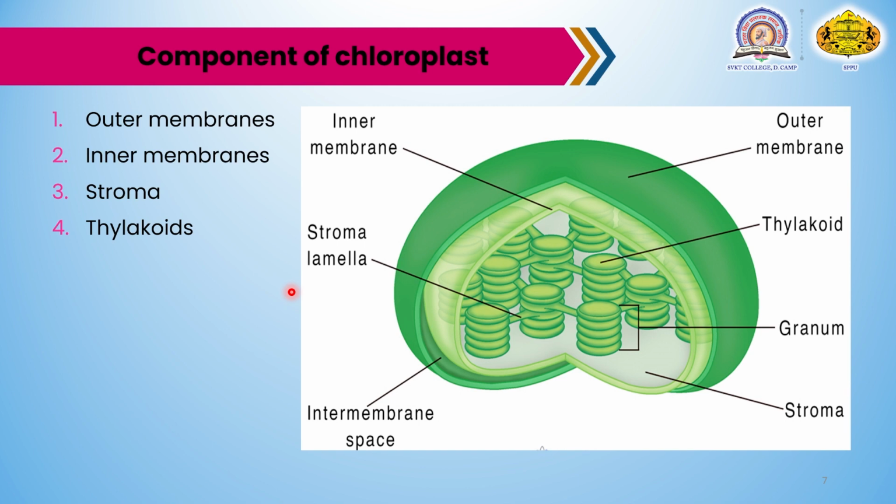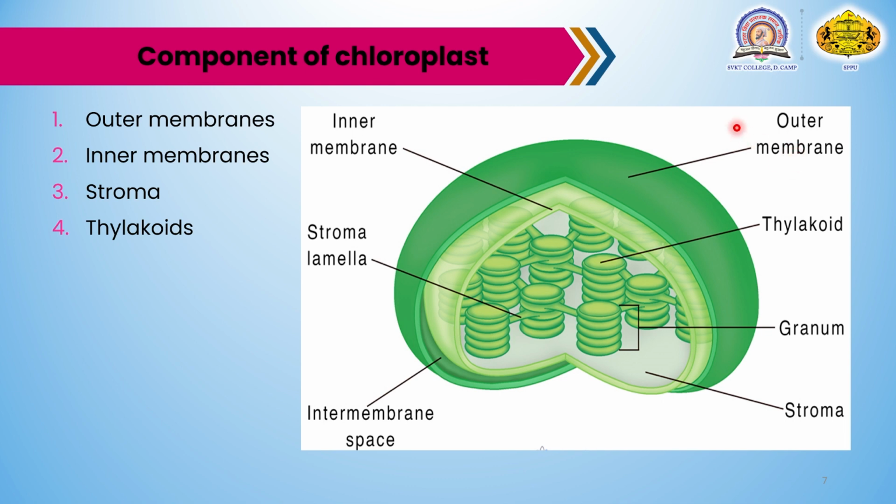The outer membrane is a semiporous membrane and is permeable to small molecules and ions, which can diffuse easily. This envelope also protects the various organelles of the chloroplast.